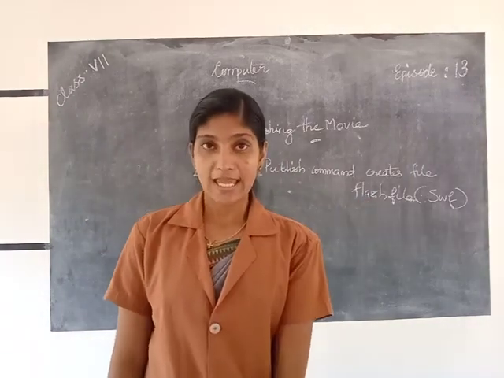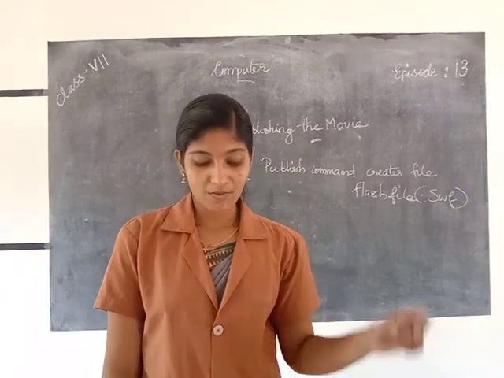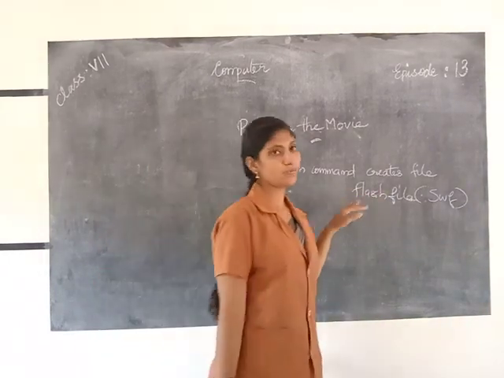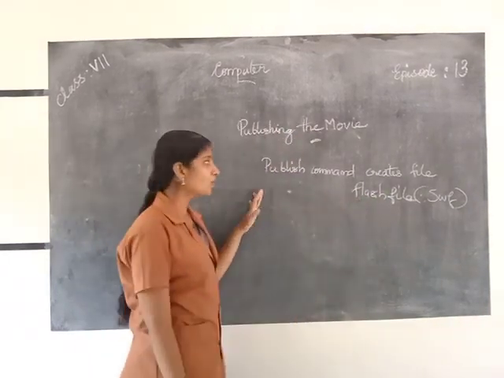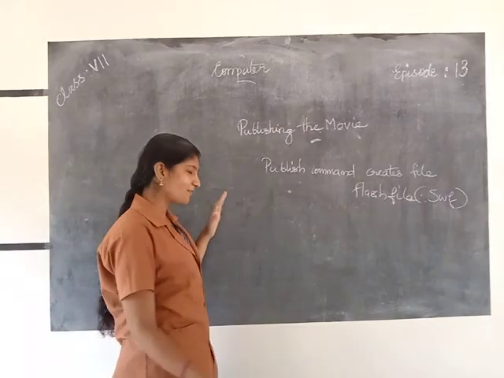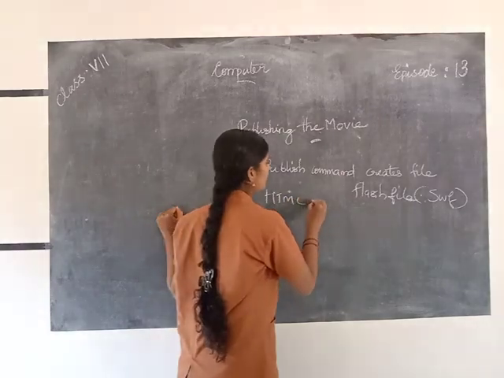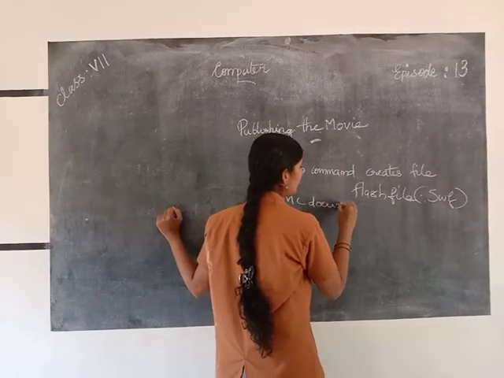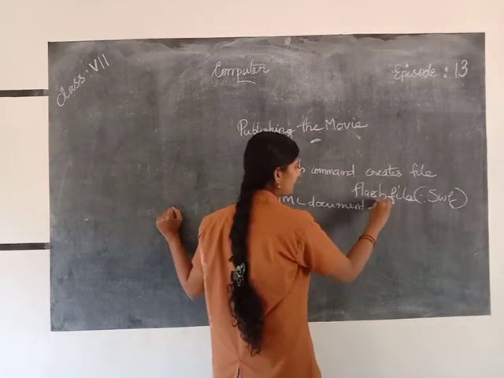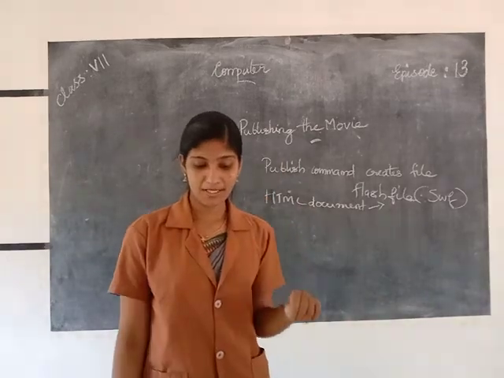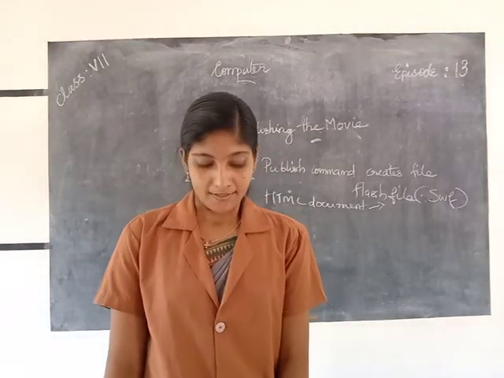Then there is the HTML document which contains the Flash player file. So who keeps this Flash player file? The HTML document keeps this Flash file in a Flash media player.